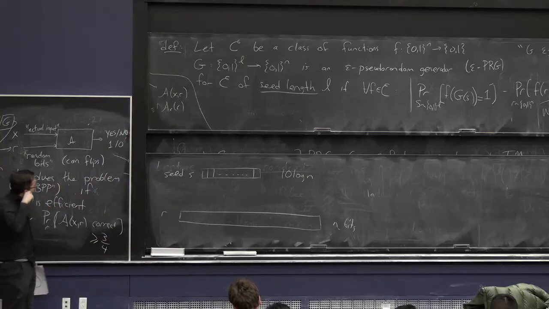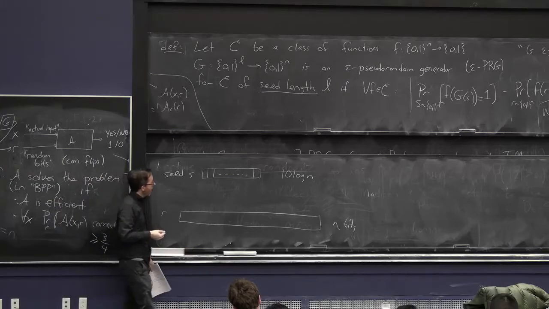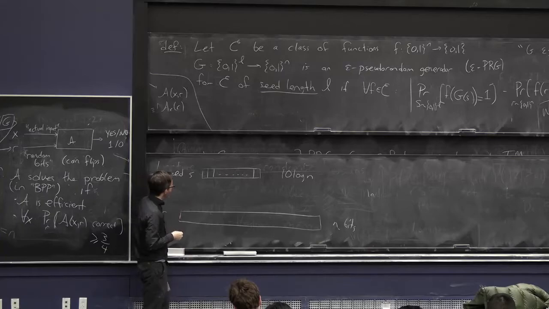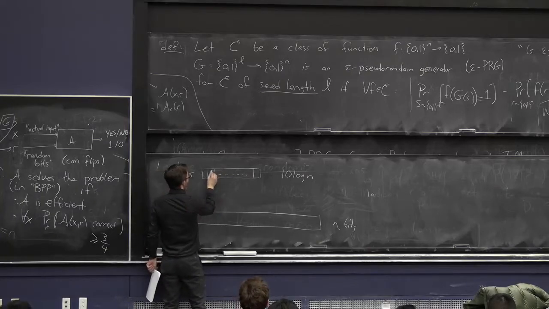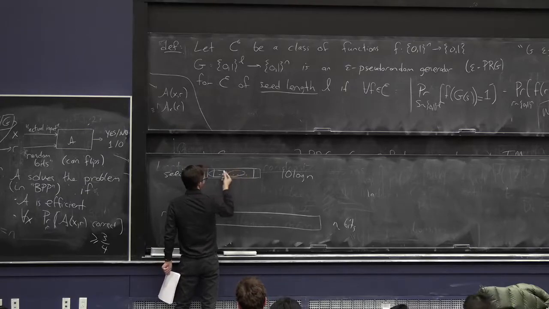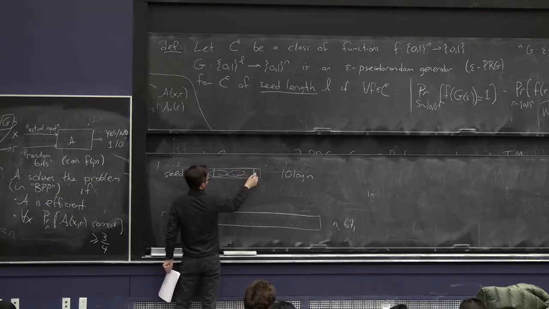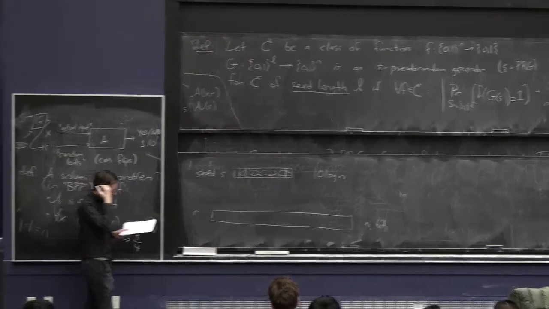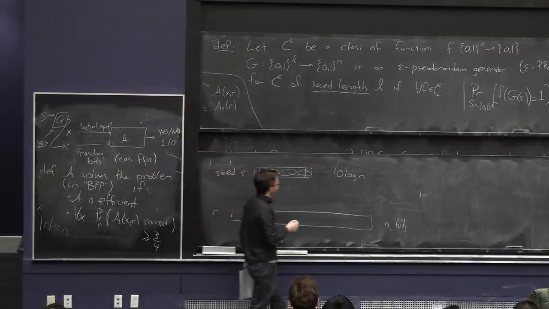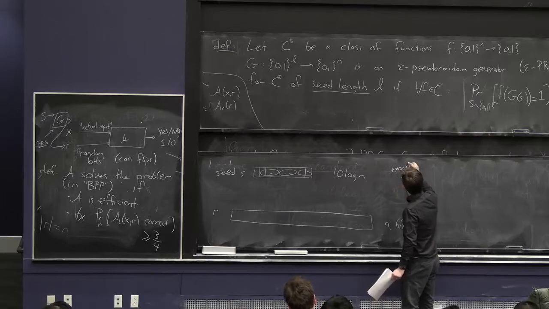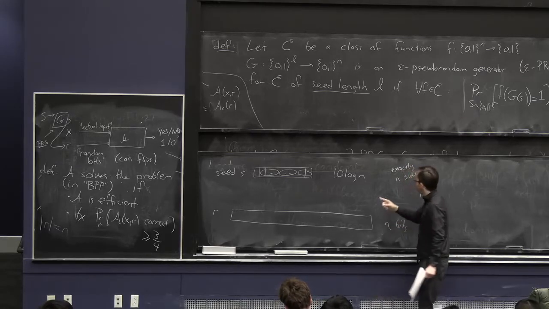This hardness versus randomness idea, due to Nisan and Wigderson, is a way to try to imagine making such a pseudorandom generator G. And the idea is you take a bunch of subsets of the input bits, the seed bits, not necessarily contiguous, but I've just drawn them as ellipses here. You take exactly n subsets of the seed.